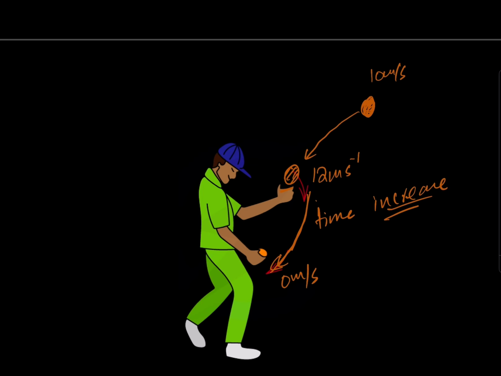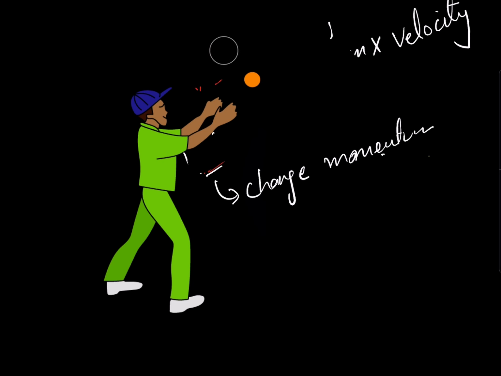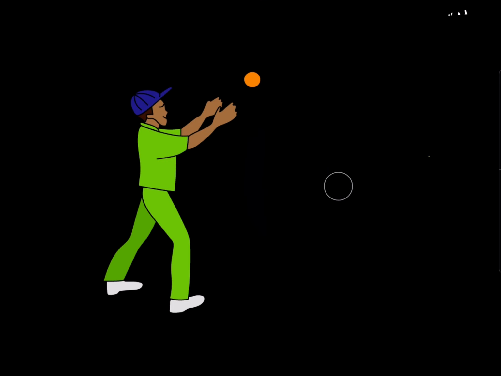Whereas in the previous case, if you are not moving your hand, at the same moment the ball hits, the velocity is going to become zero. At this point the velocity is, let's suppose, 12 meter per second, and at this point it will become 0 meter per second. So it's a very short time.